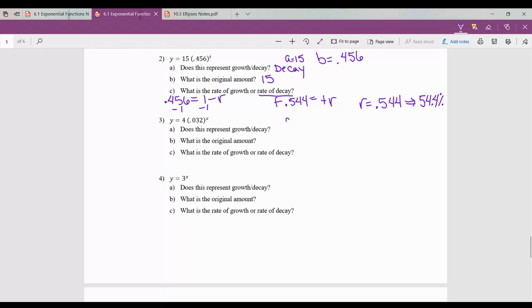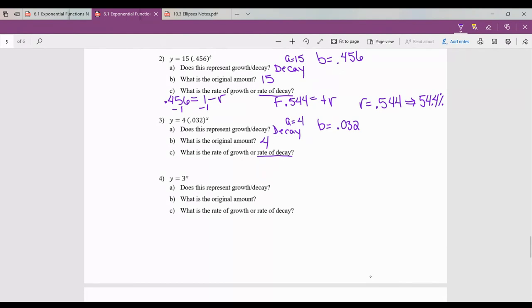Next one. My A is 4. My B is 0.032. So my B is less than 1, so it's going to be decay. My original amount, my starting amount is 4, my initial value. Now, because my B is less than 1, it's decay.